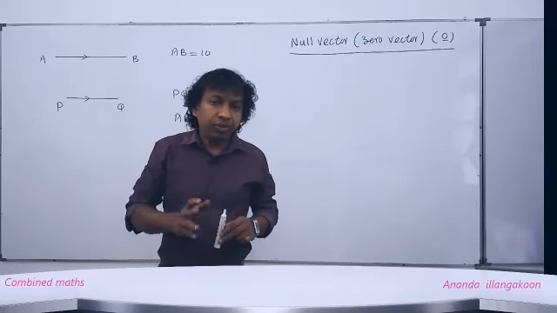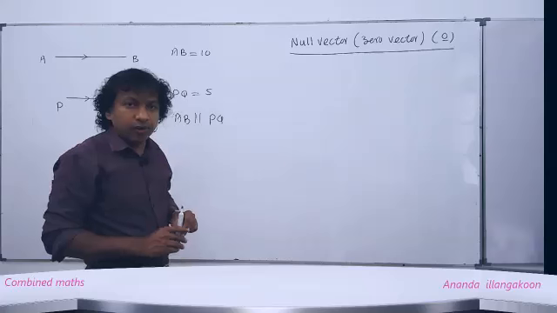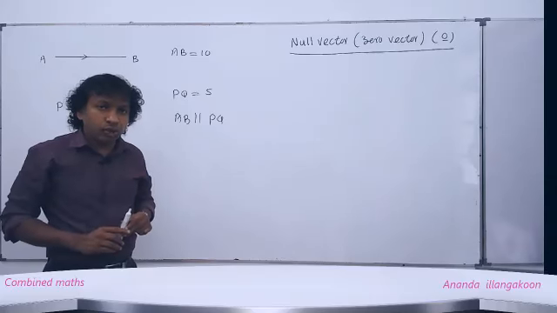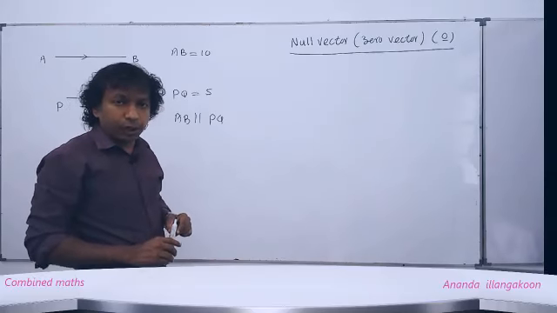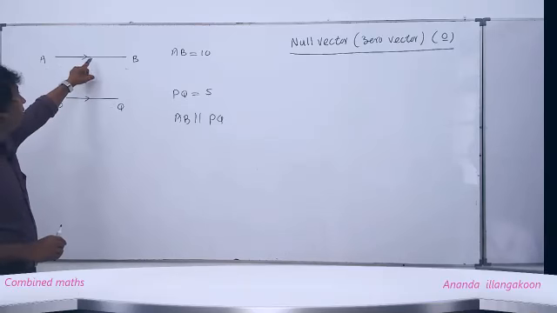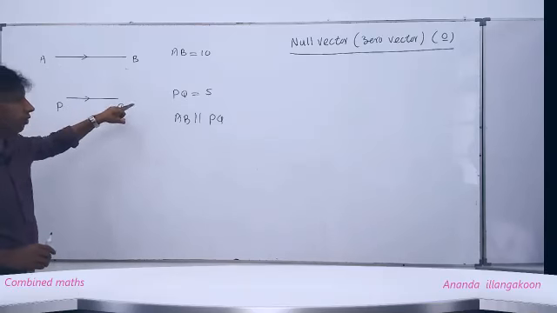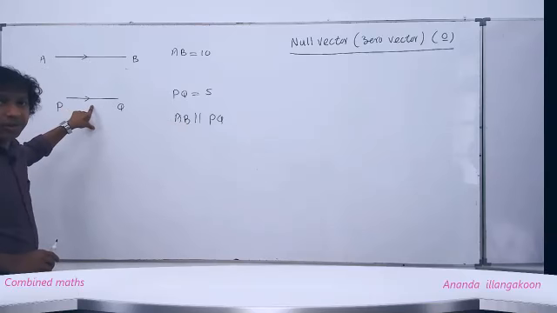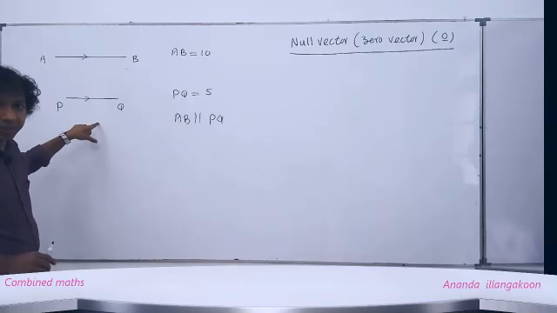Out of those three requirements, two are already fulfilled by AB and PQ. AB and PQ are parallel, given here, and the directed direction is the same, obvious from the diagram.